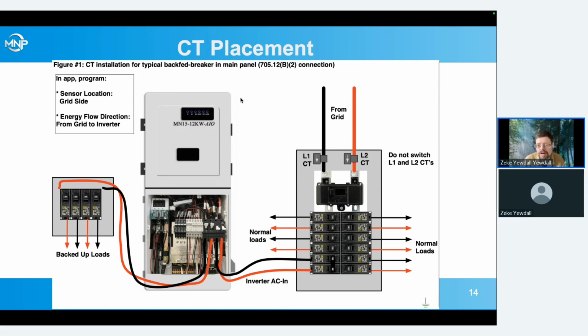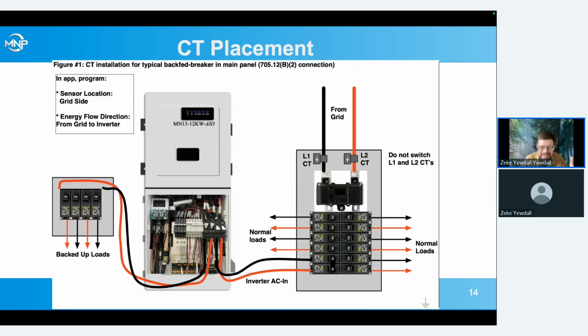So what we often see when these CTs are facing the wrong direction is really bizarre behavior, like the inverter will dump the batteries into the grid at the full 10 kilowatt rating of the inverter as fast as it can because it's trying to do zero export. And if the CTs are reversed, it keeps thinking, I need to put more power in to get the export to zero because I'm exporting power.